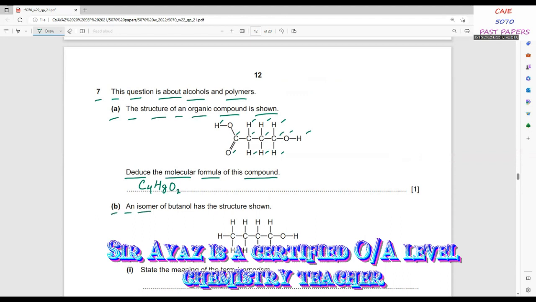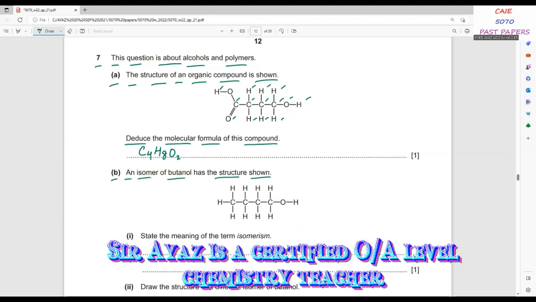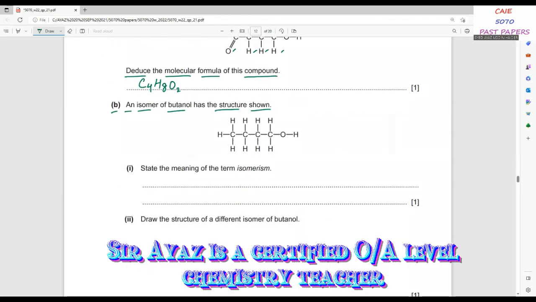B, an isomer of butanol has the structure shown. Number 1, state the meaning of the term isomerism.